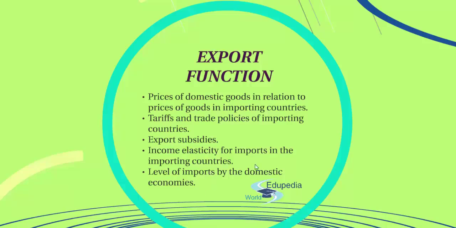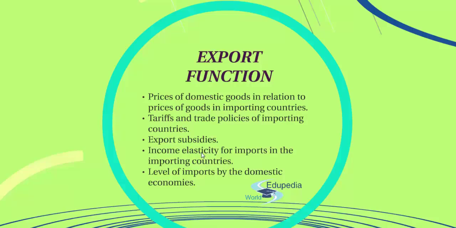Now, if we clearly study these factors, we'll see that except the first factor, that is prices of domestic goods in relation to prices of goods in importing countries, and the third factor, that is export subsidies, all the other factors are beyond the control of an economy. So the majority of the factors are beyond the control of an economy.